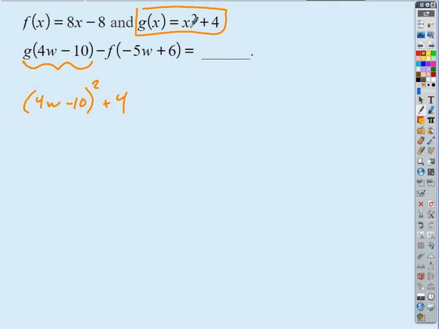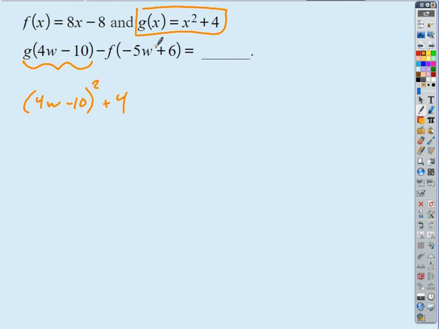See, look what this is doing. The rule is g of x equals x squared plus 4. So now change x to say input. G of the input equals the input squared plus 4. So if the input is something complicated like this, it doesn't matter.